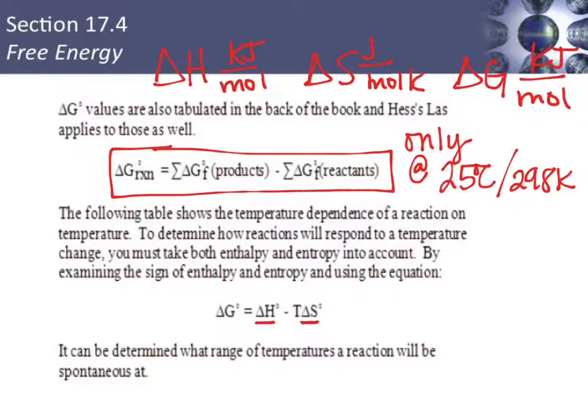By looking at the signs of delta H and delta S, we can determine what delta G is going to do. If you have delta H and delta S, then you're going to use Big Mama to calculate those, using your table.